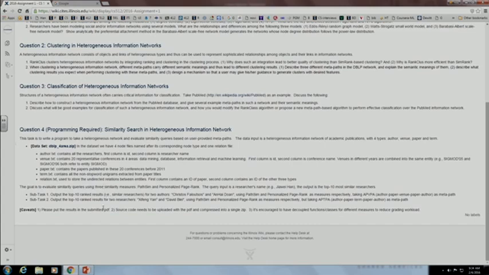So we said this is not realistic, even on a very small subset of the DBLP data, and we canceled it. You don't have to suffer running out of memory. So we only ask you to compare PathSim and personalized PageRank.